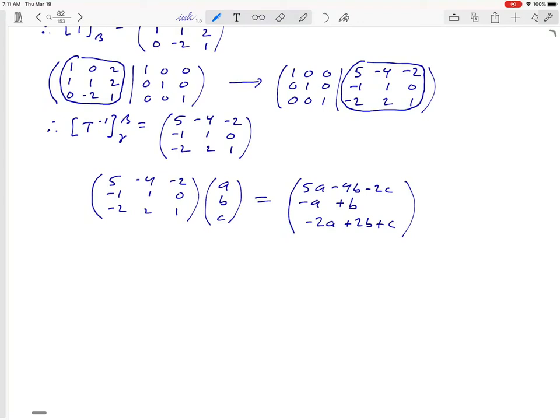Okay, what does all of this mean? Well, again, remember, the A, B, C over on the left represents gamma coordinates of an input, and over here, this represents beta coordinates of our output.